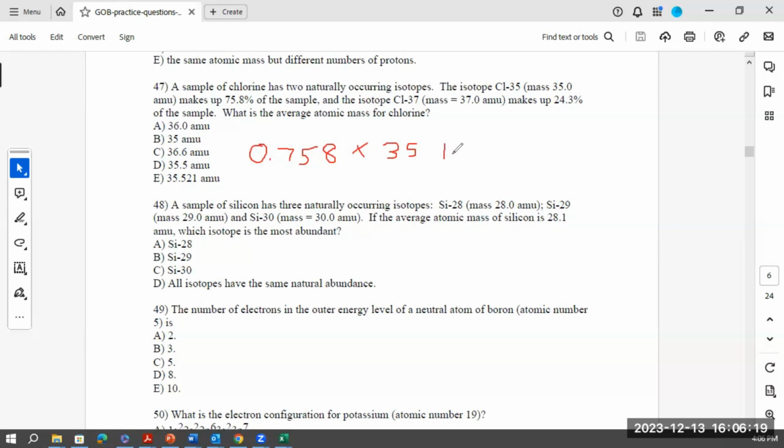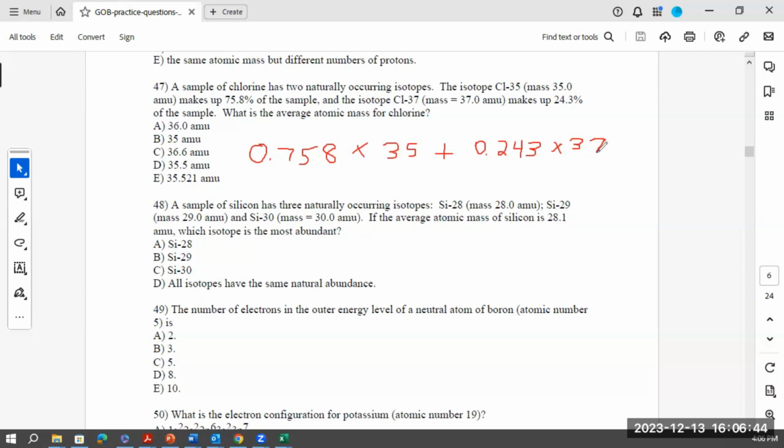And then we're going to add that with 0.243. And then we're going to multiply that by 37. And then we're just going to add it together. And then that's going to give us a value.